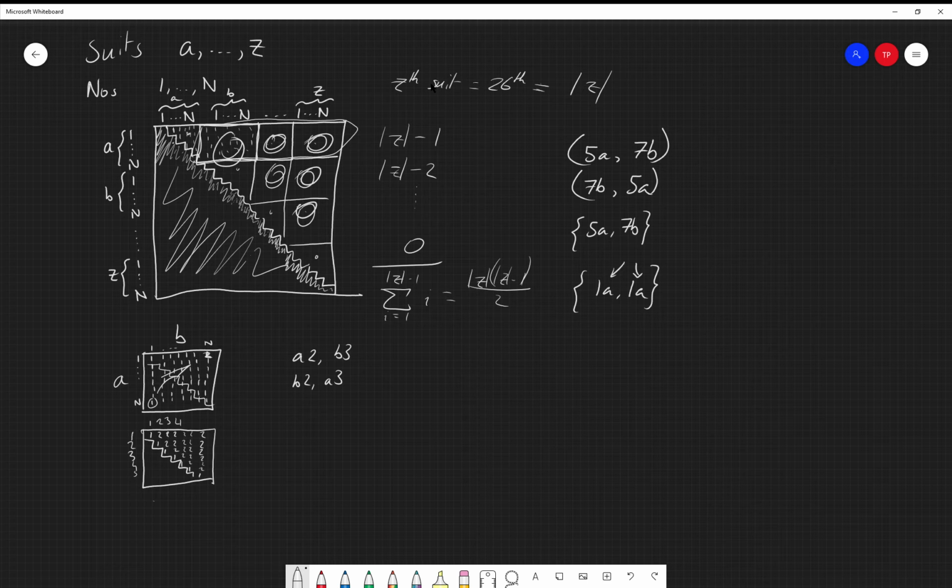And that is the number of ways that we can have these grids. And so we're going to add up effectively this grid this number of times. And so these numbers are all multiplied by this number.